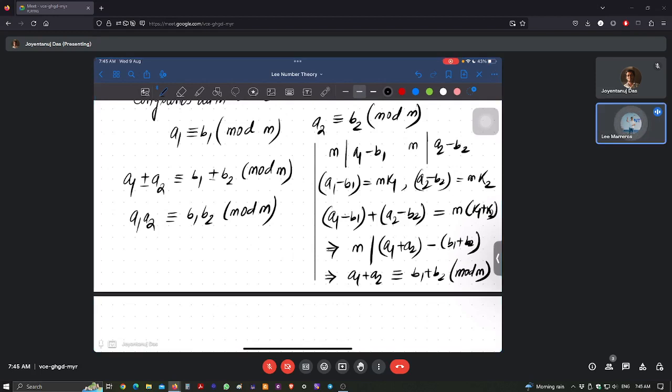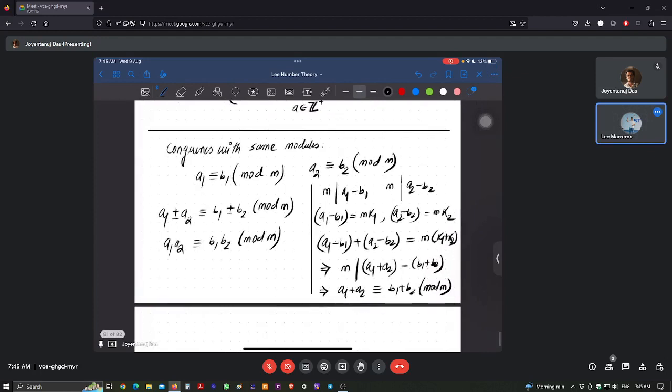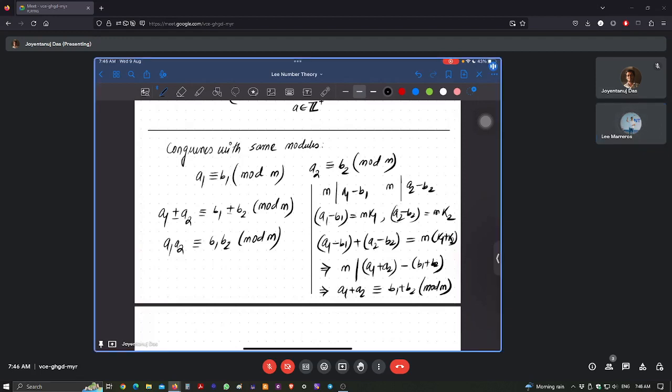So similarly, we can do the subtraction also. Instead of addition, if we do subtraction, the same thing will work.